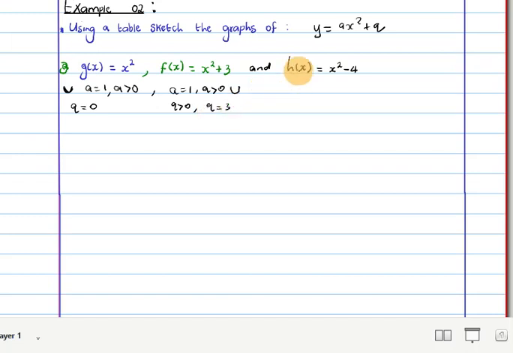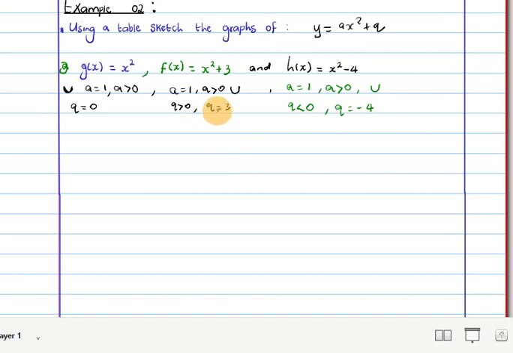Okay, moving forward to the third one, here you see I have h at x being equal to x squared minus 4. I know that the coefficient of x squared is a. So that means a is equal to 1. By default, a is greater than 0, so my graph should smile again. But look carefully here. The value of q is no longer greater than 0. That means my value of q is less than 0, and my value of q is equal to minus 4, meaning my graph will shift 4 units downward.